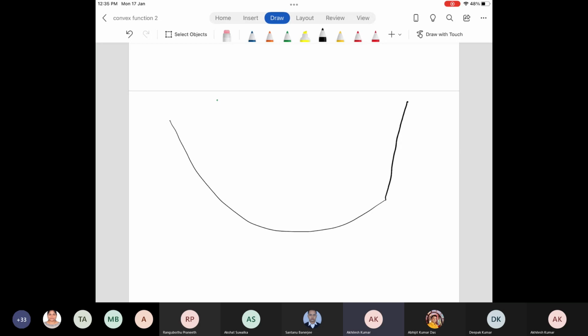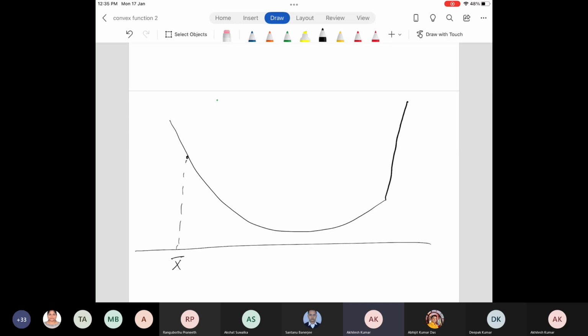Yes. So suppose, it is a convex function, right? Based on whatever we have learned, or do you have any doubts? No doubt. Good. So suppose this is my x bar, and I'm trying to find the subgradient at this x bar.